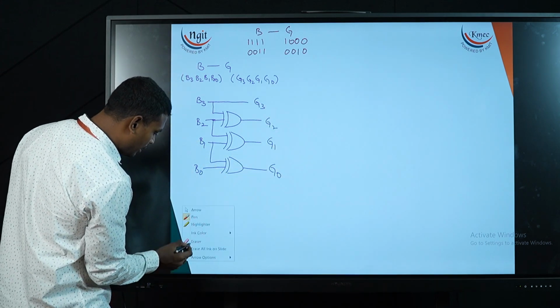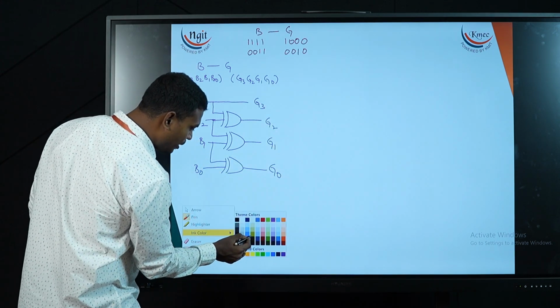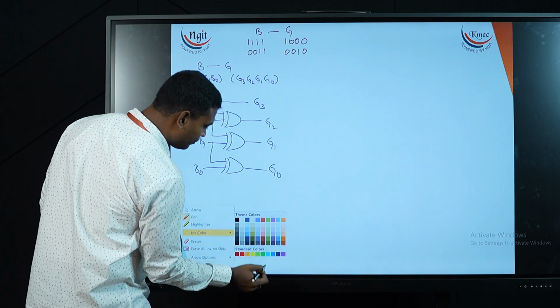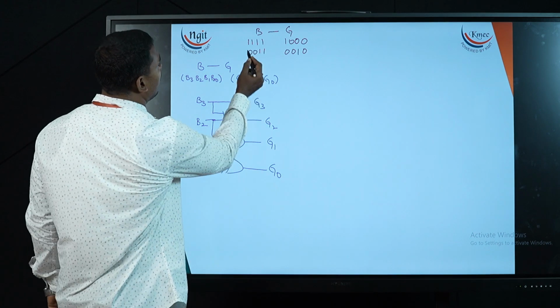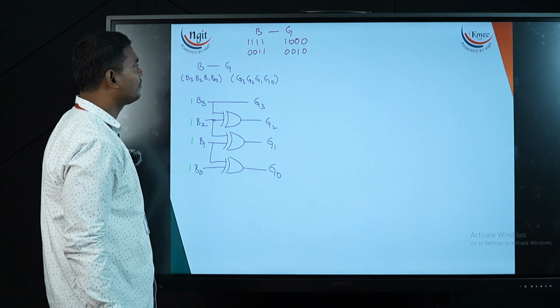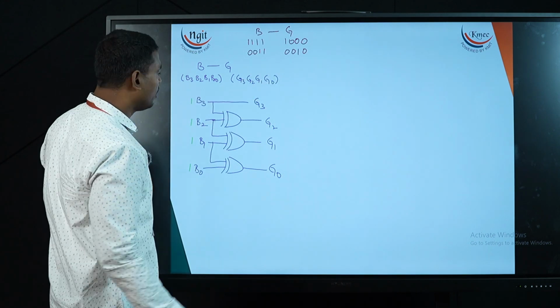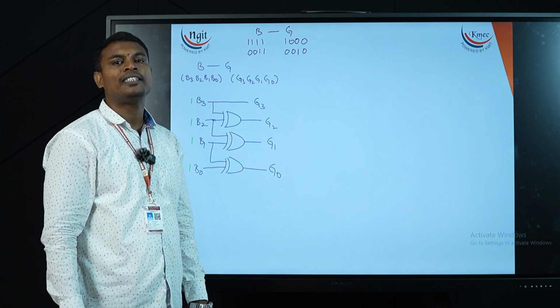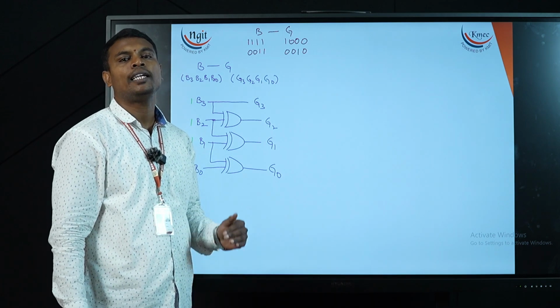I am taking a separate color to differentiate it. Now I am considering 1 1 1 1. I need to get 1000. Now you know the exclusive OR gate operation: when different inputs are applied, only then is the gate going to produce a high output.